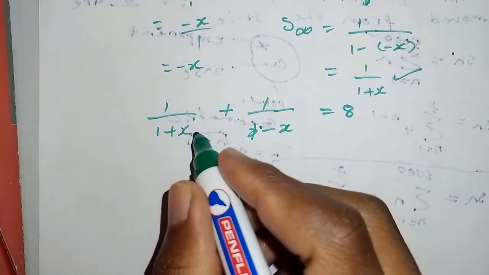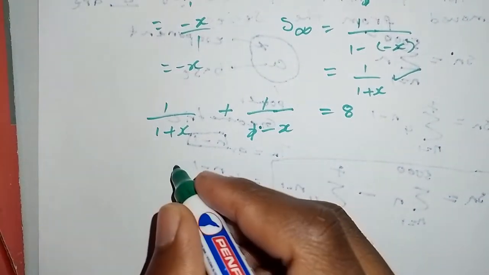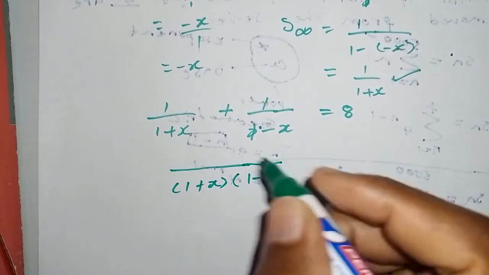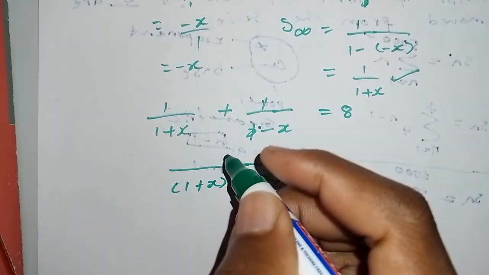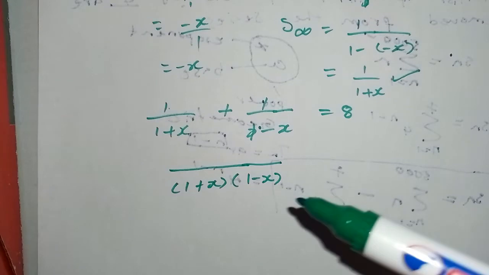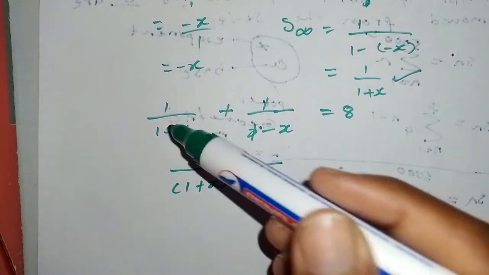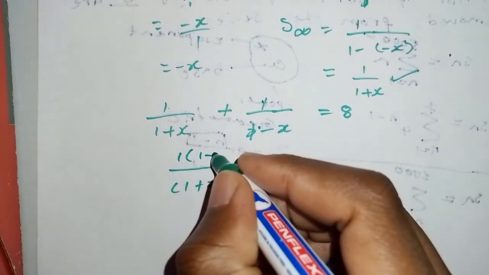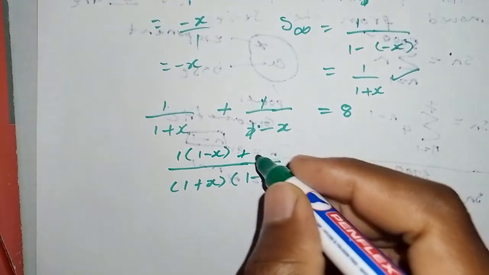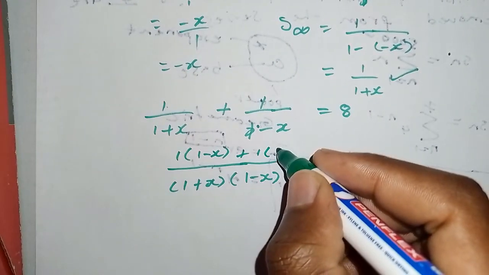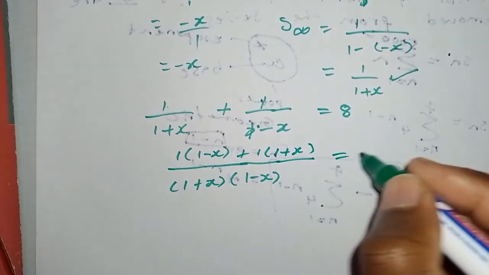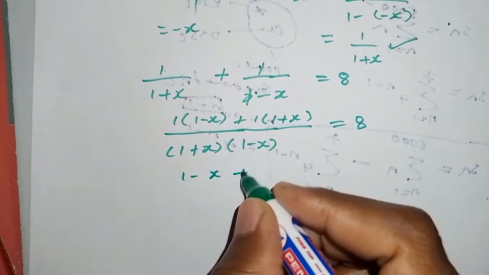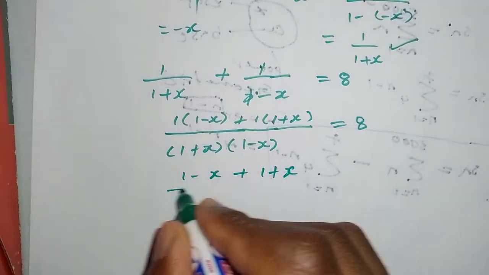Now, I'm just going to use the lowest common multiple, which is 1 plus x times 1 minus x. Let me just do it: this into that will cancel, this into that will cancel. I'm going to have 1 into 1 minus x plus 1 into 1 plus x, all equal to 8. Then I'm going to have 1 minus x plus 1 plus x all over this.